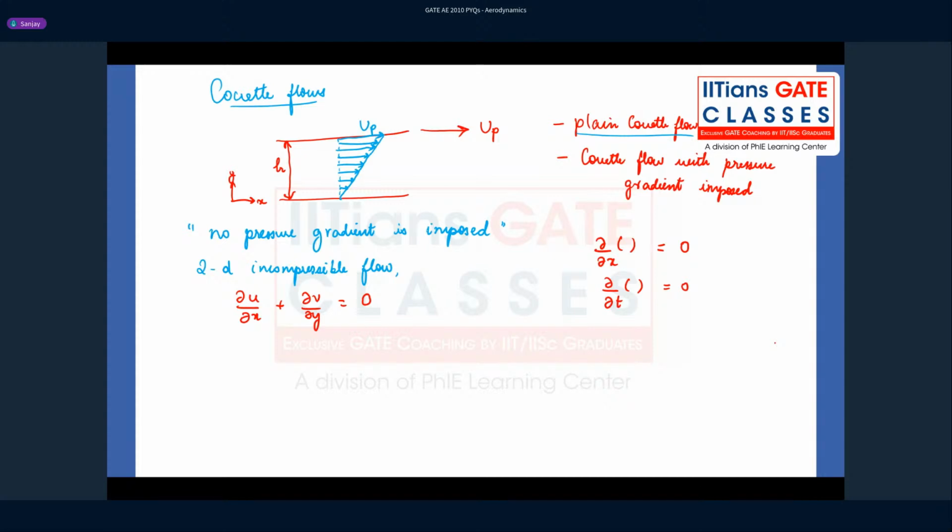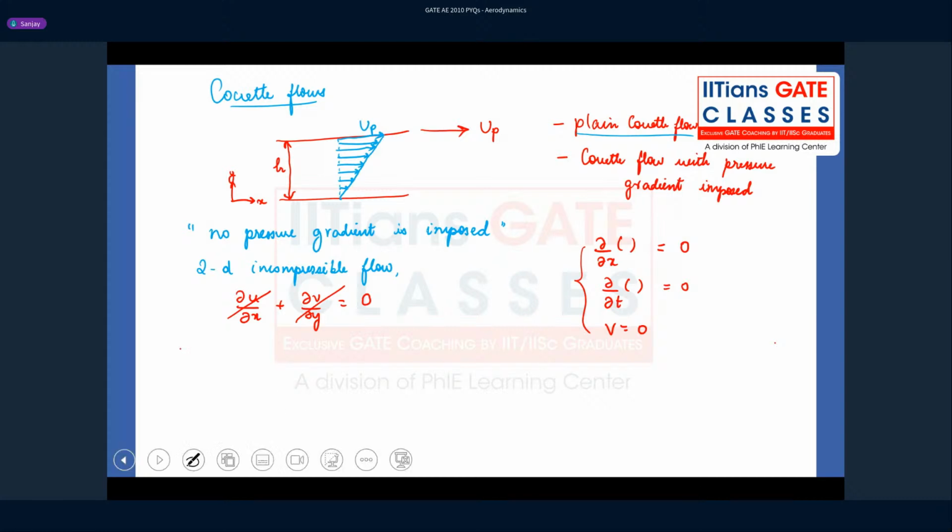There is no y component of velocity, so v is equal to 0. If you apply these conditions to the continuity equation, you will see that it vanishes, because dou by dou x is 0 and v is 0. So the continuity equation is already satisfied.